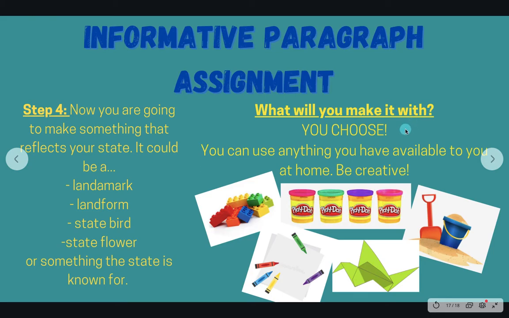You are at home, and I am not able to give you any materials, so I want you to find anything that you have available to you at home to make your creation with. You might have Legos or Play-Doh, you might have a sandbox, you might have crayons and paper, or you might be into origami if you want to fold paper and make your creation. That's fine with me. Whatever you have at home to use, just get creative. I'm open to anything.